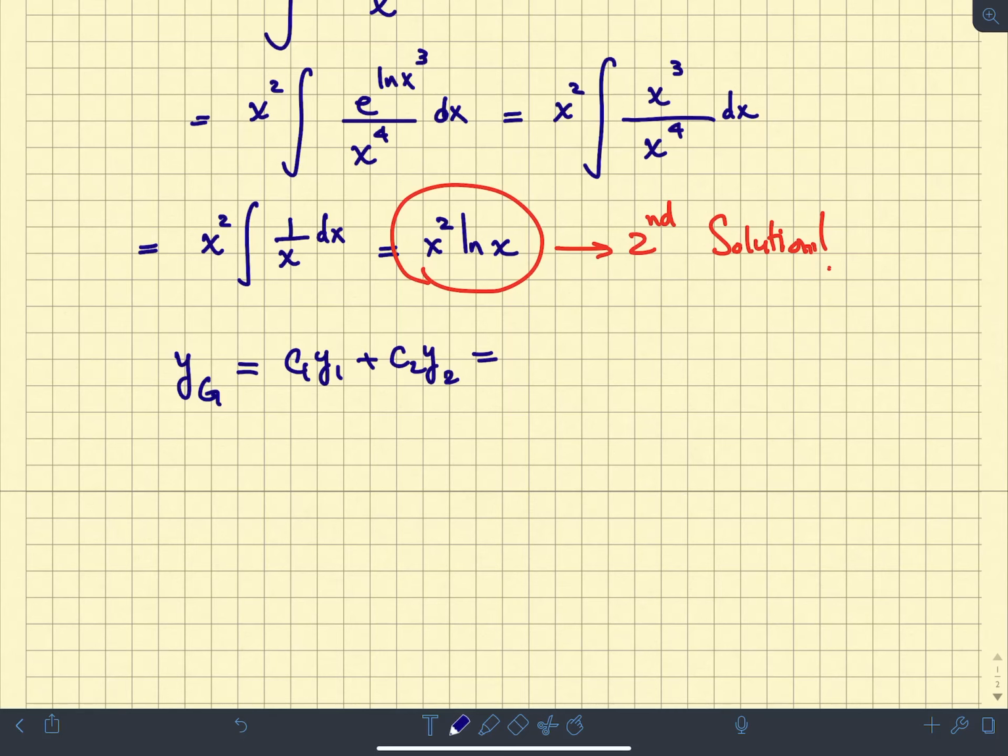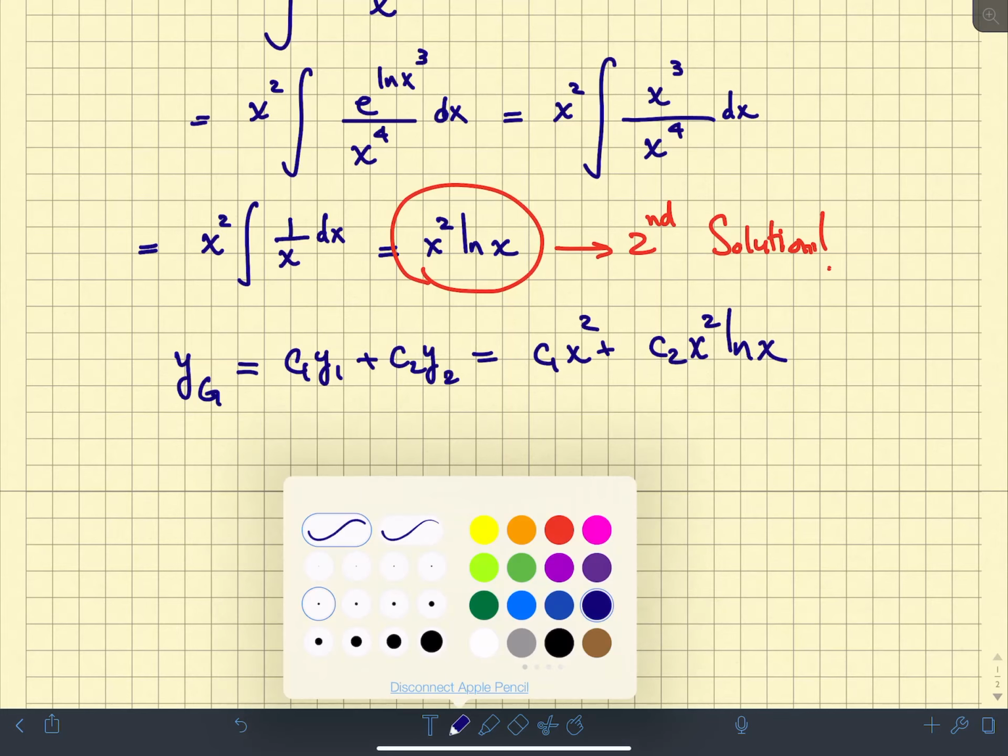Now, again, we know y1, which was a quadratic, was an x squared. So it would be c1 x squared plus c2, my new function, which is x squared ln of x. And here is the solution to the given differential equation, guys.